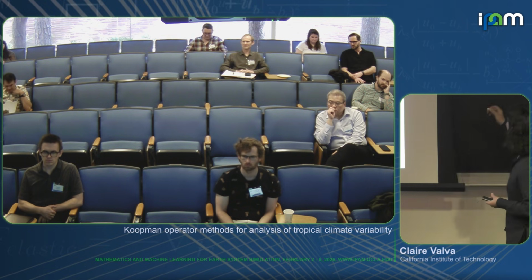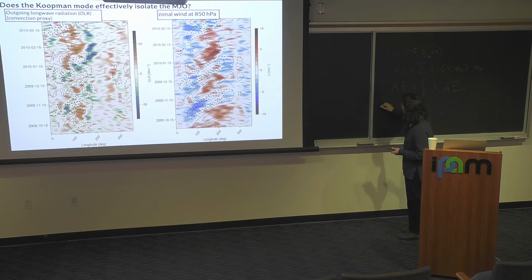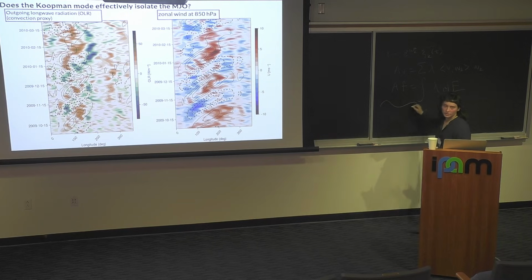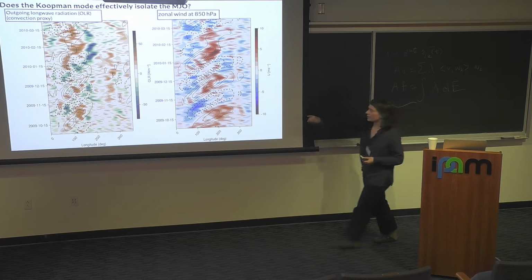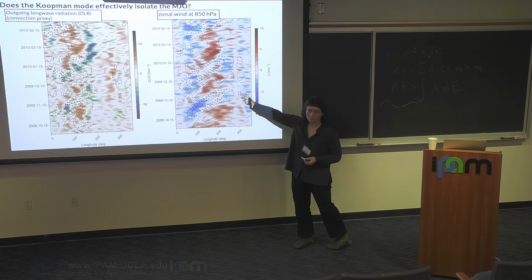So you have your eigenfunction, and then you can project your data onto this in the same way that you might for EOFs. So it's like you've made a movie of 1D modes. Yes. And then these are level set contours or something, the black. Yeah, they're level set contours. The dotted lines are negative, the solid lines are positive.